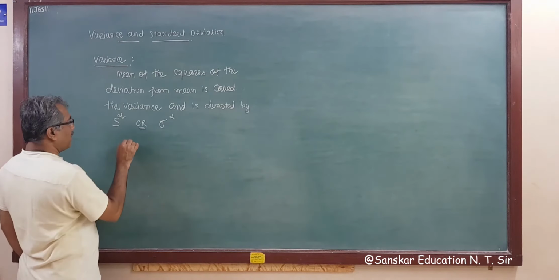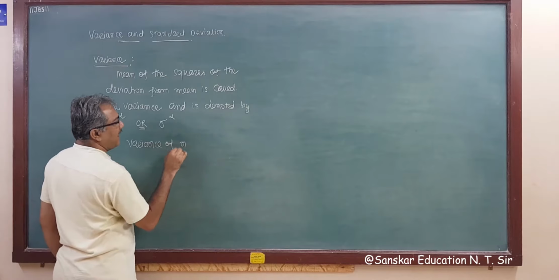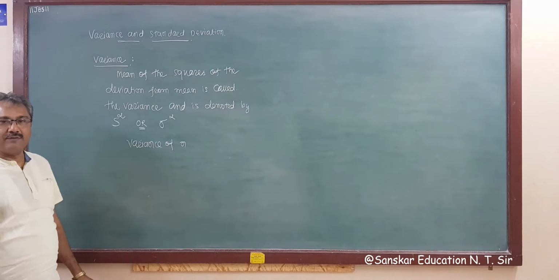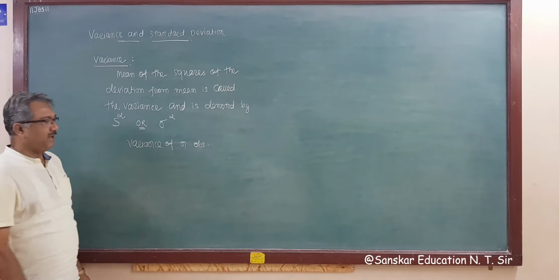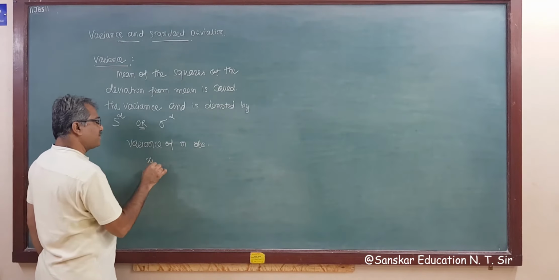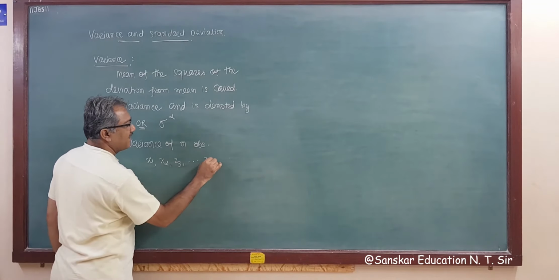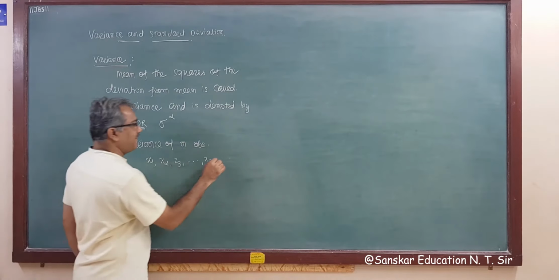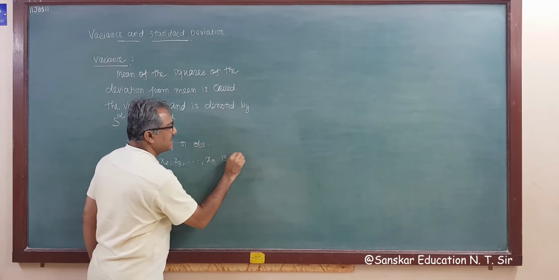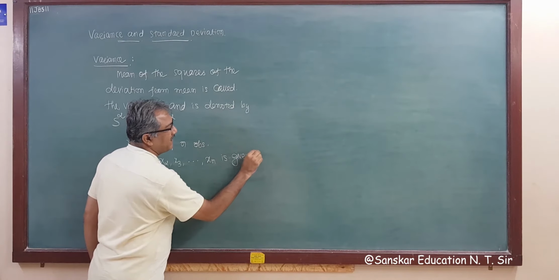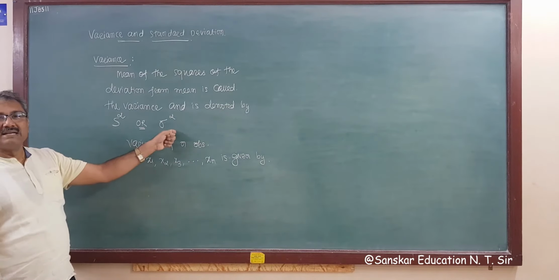So variance of n observations, suppose we take n observations x1, x2, x3, up to xn, is given by either s square or sigma square.